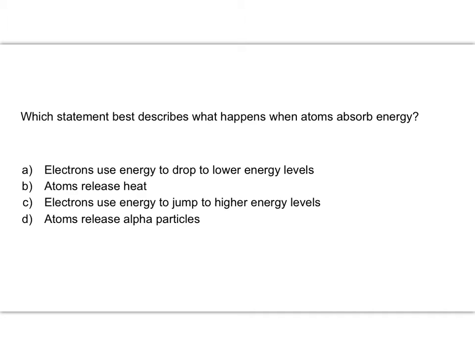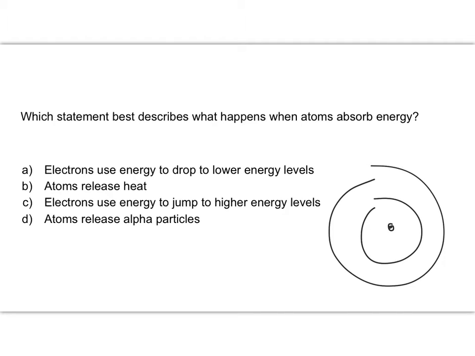What you want to keep in mind here is something called quantum theory and the Bohr model of the atom. Bohr's model tried to explain why elements gave off different colors of light when you heated them up. The theory that he came up with was that as electrons orbited the nucleus in different levels, they could absorb energy from the outside and then use that energy to jump to a higher energy level.